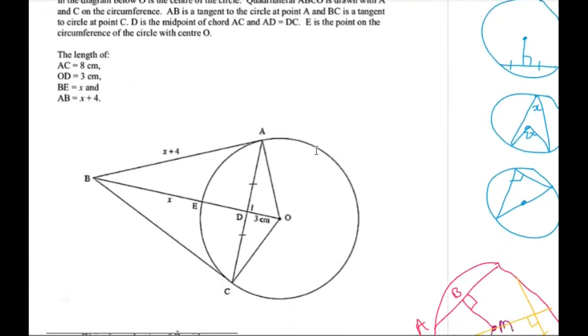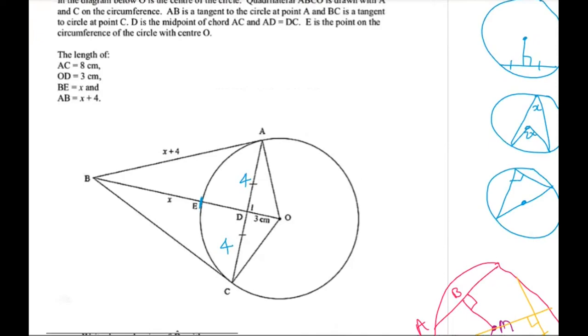So when they've told me that AC is 8 centimeters and that those two sections are equal, I can straight away say that that side is 4 and that side is 4, because that's been given to me. Then OD is 3 centimeters, it's on my diagram. BE is equal to x. Please make sure you remember that it's just going up to the point E. And then AB is equal to x plus 4, that's all on our diagram.